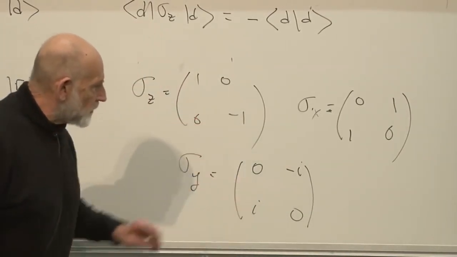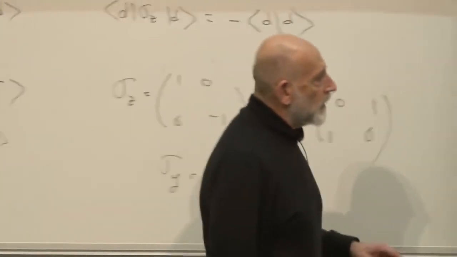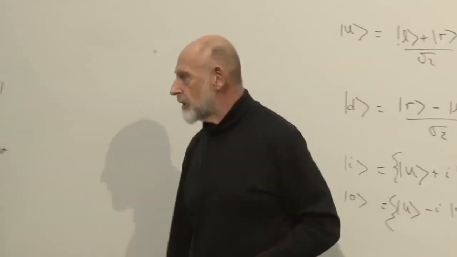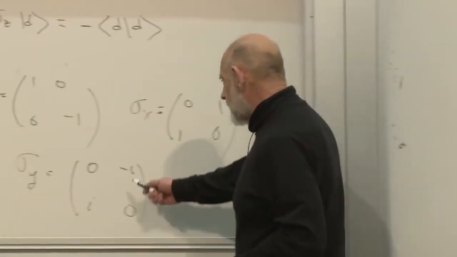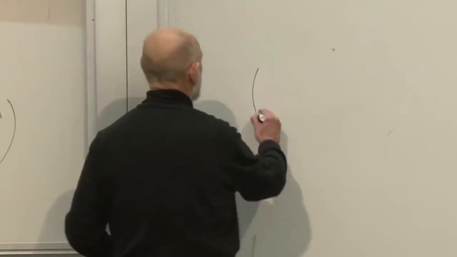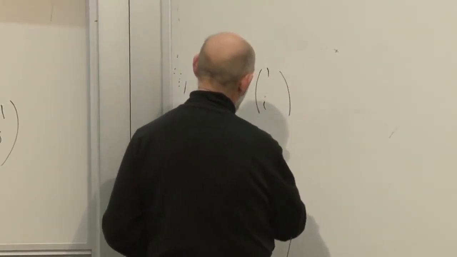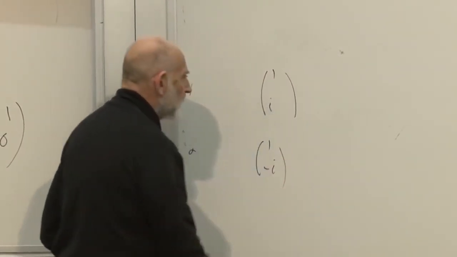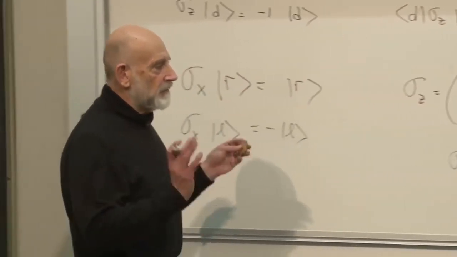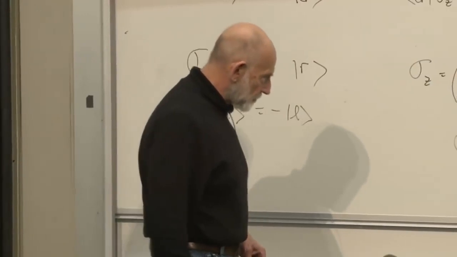You can take this matrix and show that these are the eigenvectors of it. It means that its eigenvectors are (1, i) and (1, minus i). The square root of 2 doesn't matter. Eigenvectors are eigenvectors. They don't care about the square root of 2.